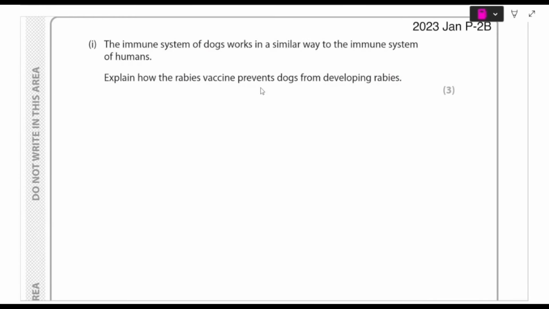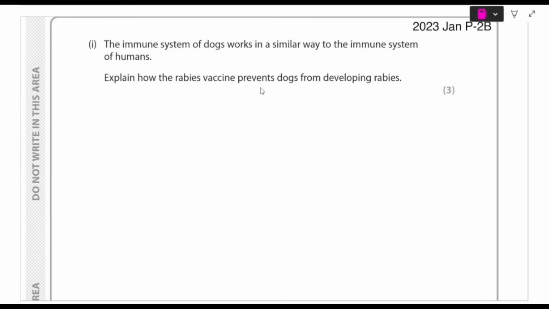Such a pathogen will be injected into the subject. This will be detected by our immune system, so it will alert the white blood cells, especially lymphocytes, which will start making antibodies.